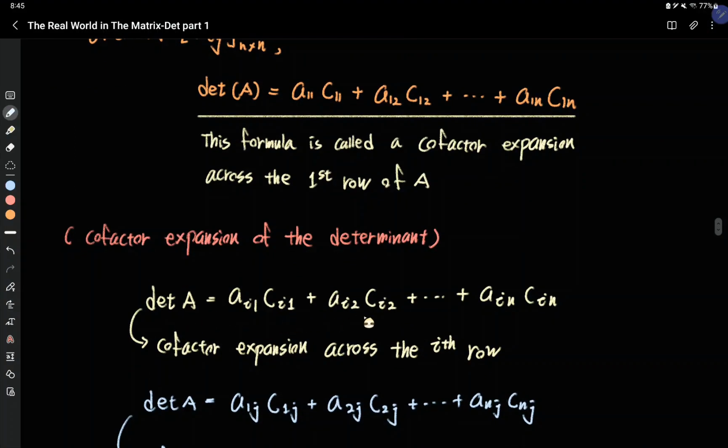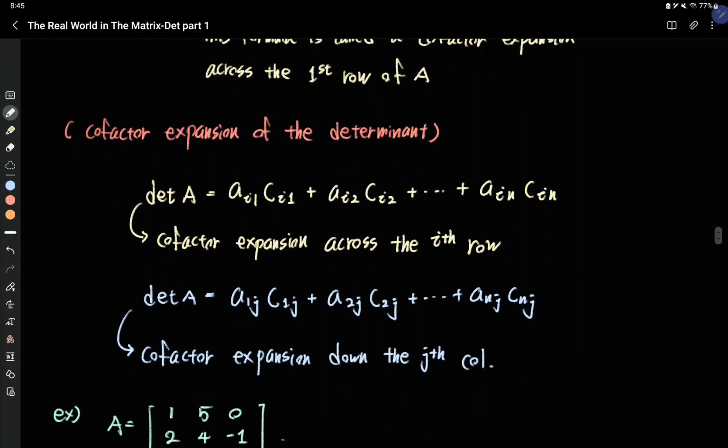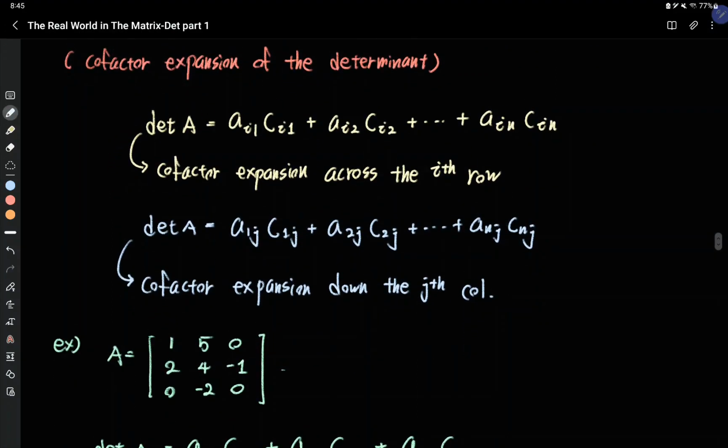Here, this is the ith row. Not just the first row, but any row works, and any column works. So you can find the determinant of A by applying the cofactor expansion down the jth column. By the way, this is the key, the main formula in this video.